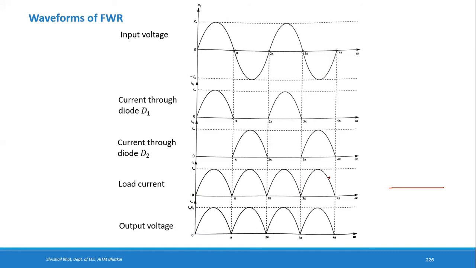To remove that AC content, we use another additional thing in the circuit, and we call it a filter. We have to filter out these AC components present in the rectified output so that our output becomes nearer to pure DC. That filtering out or removing of the AC component present in the rectified output is called filtering, and the circuits which we use for doing this operation are called filters.